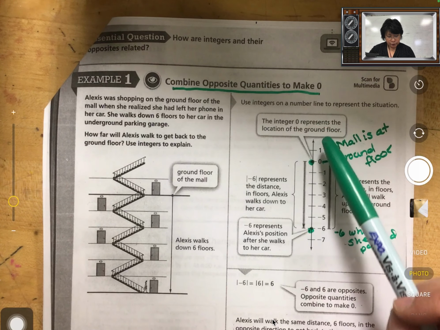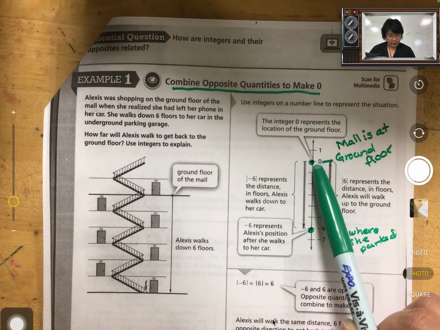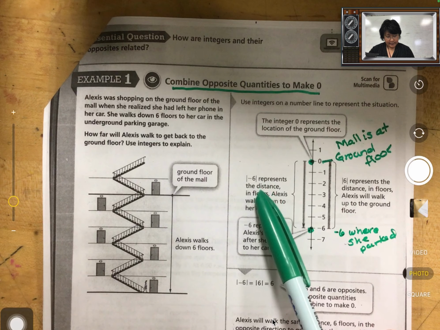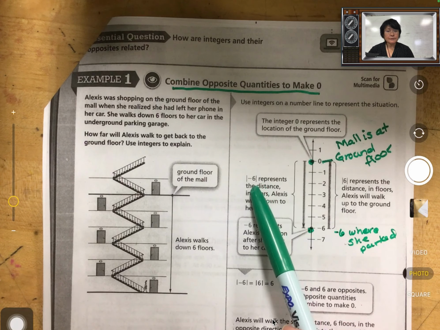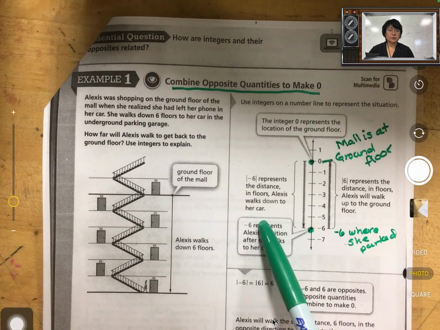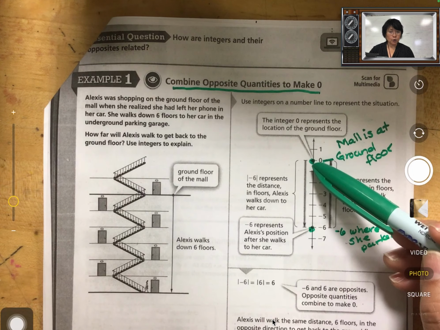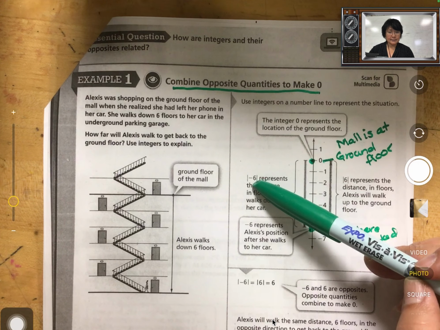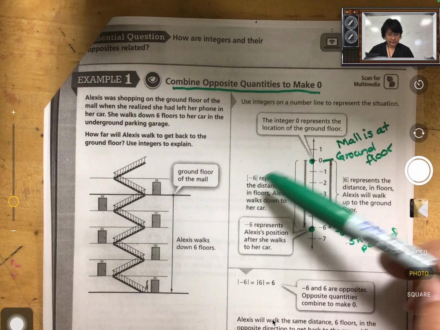So the integer 0 represents the location of the ground floor. And the absolute value of -6 represents the distance in floors that Alexis walks down to her car. The car is parked at the 6th floor underground, which is -6.